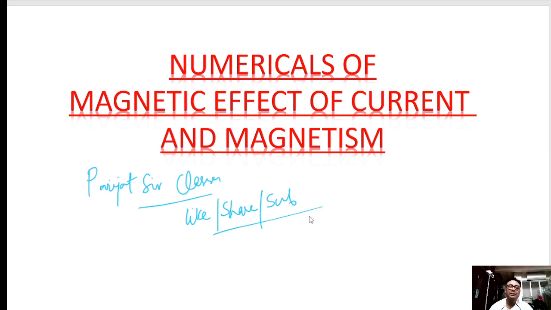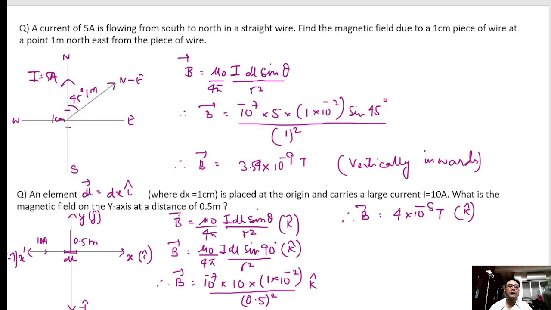So without wasting any time, let's move on to the numericals of the magnetic effects of current and magnetism. The first numerical says a current of 5 ampere is flowing from south to north in a straight wire.